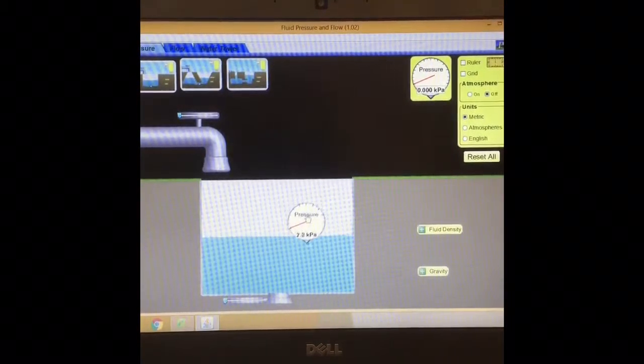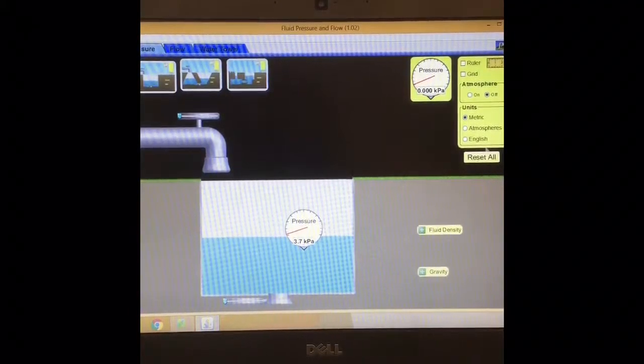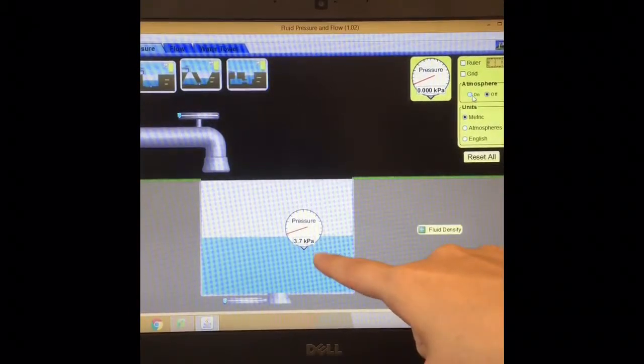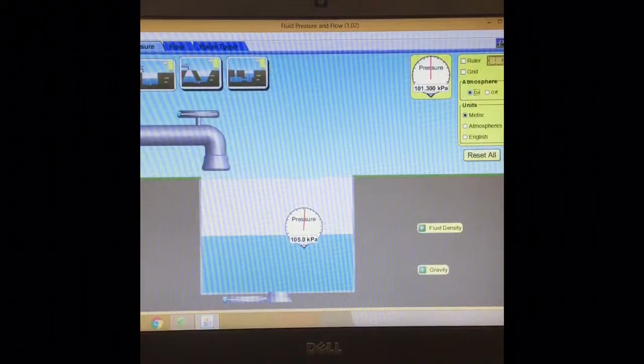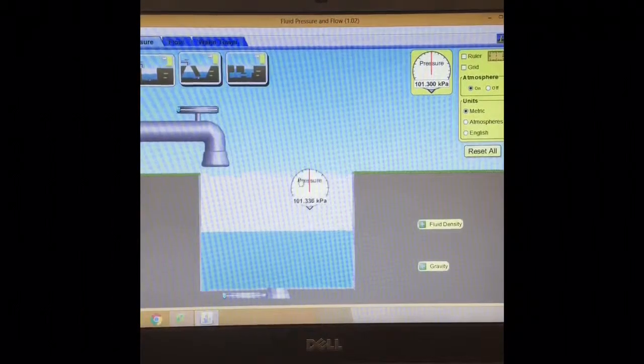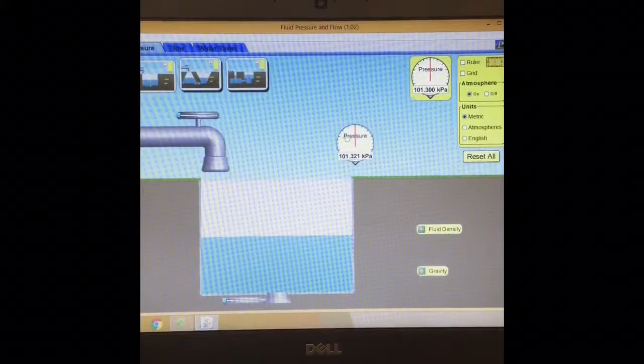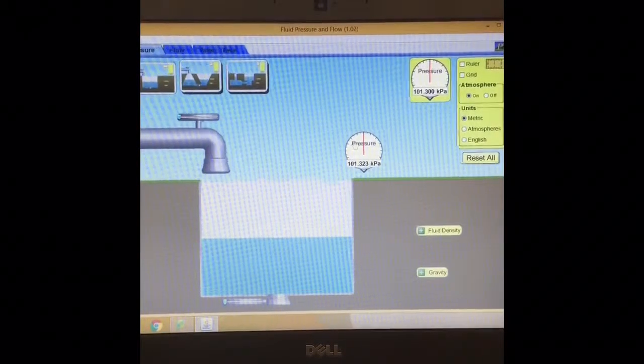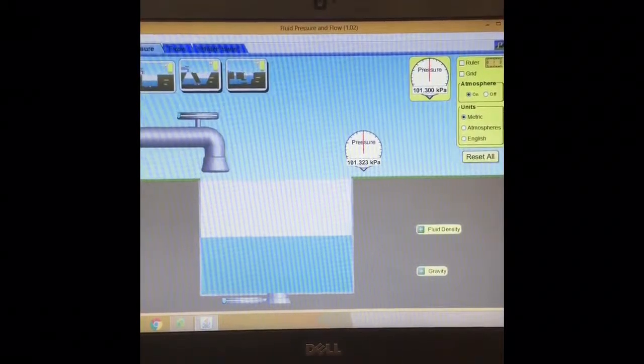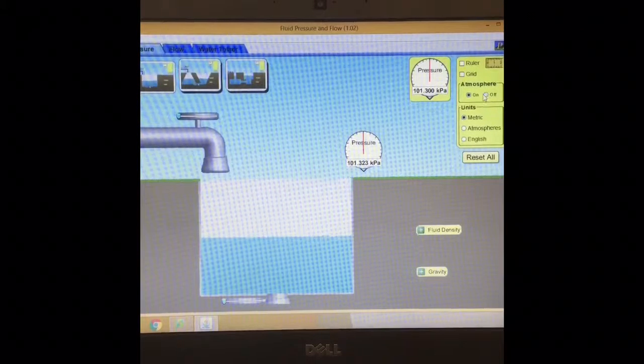As you turn the gauge environment on, the pressure in the water decreases because there is less weight pushing down on the water. When you turn the atmosphere back on, or in other words absolute pressure, the pressure goes up because there is more weight acting down on the air and the water.